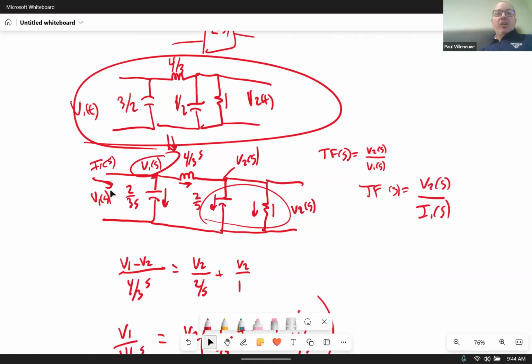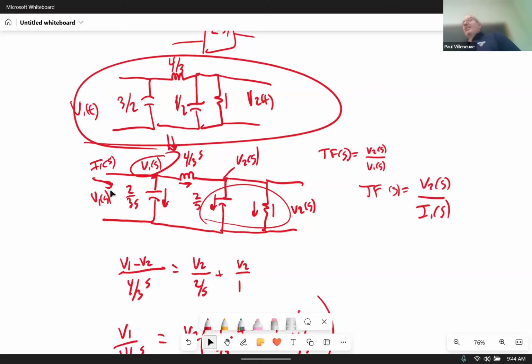So instead of having to build a circuit that looks like this and testing it out, I can just go and plot this in Excel and get results. That's how you do this. Make sense?